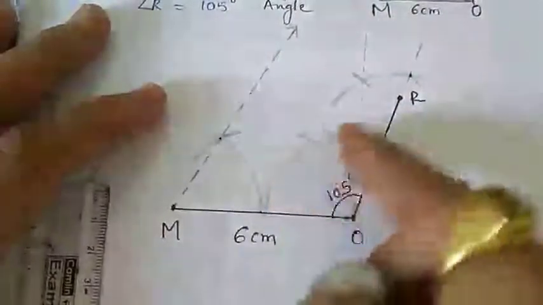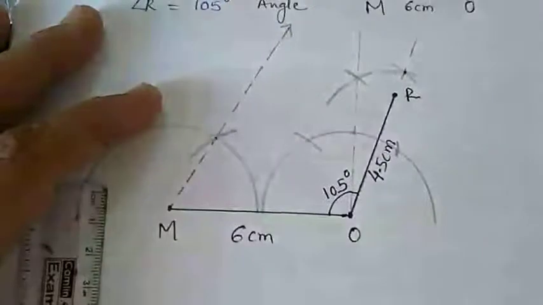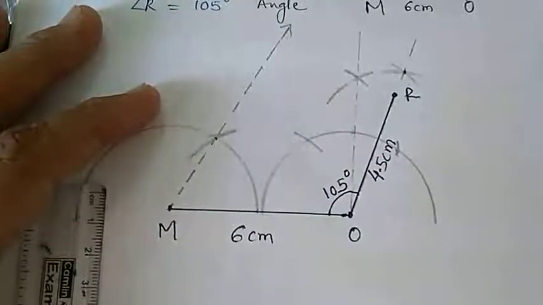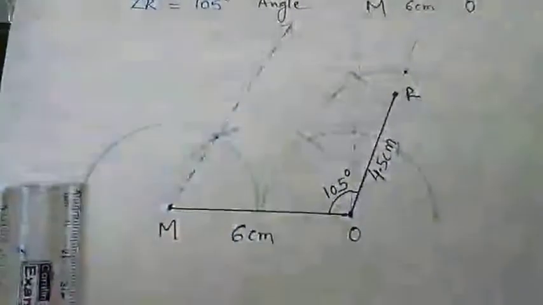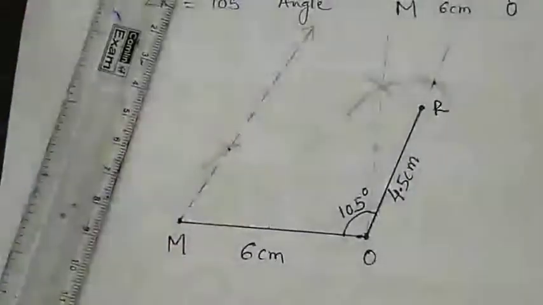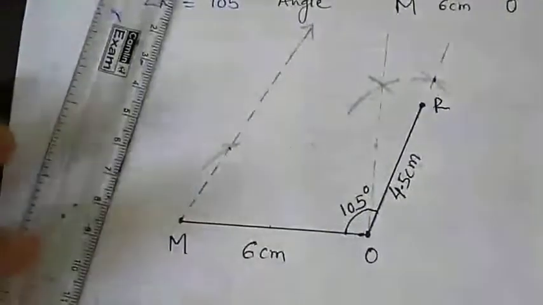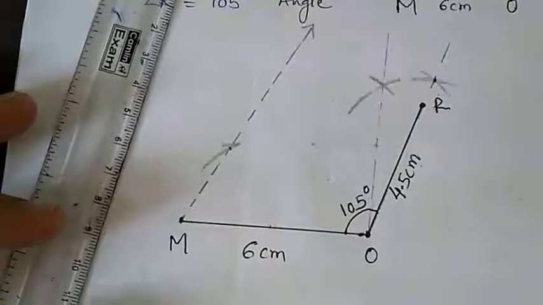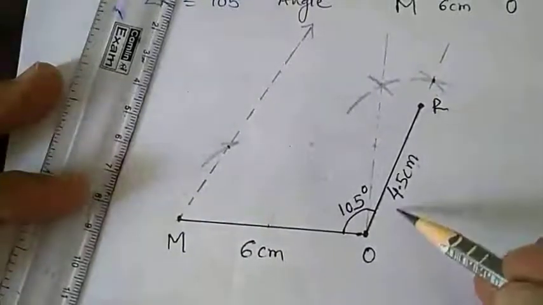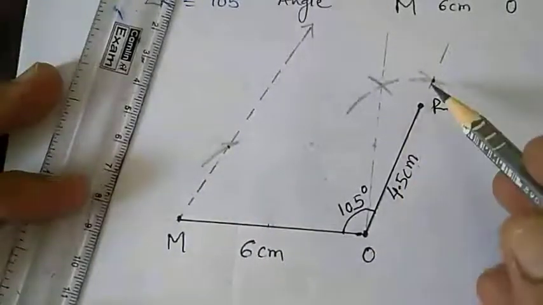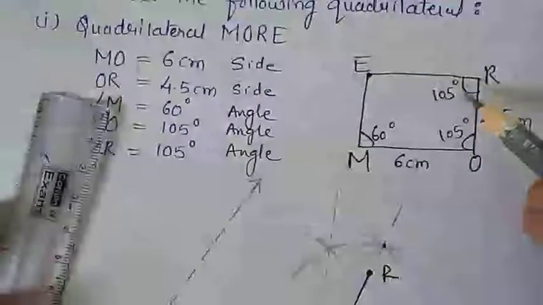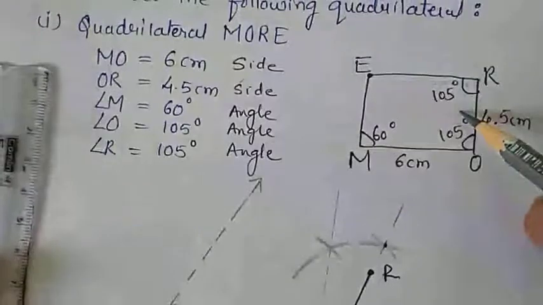I just need to clean this one, because then there will be a lot of arcs. It will be difficult for you to understand. Okay, so here, now as we have got the 4.5 point R from OR, now they have given that R is also 105 degree. So we need to take the measurement.